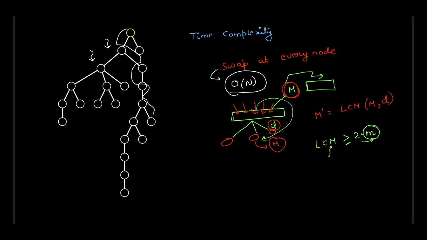Why? Because even if you start with m is equal to 1, at the root node m is equal to 1, then if you encounter 2, of course you have to look into all the bucket elements, sure. Then you might encounter, let's say, 3. So of course you have to look at all the bucket elements, but then the LCM would become 6.